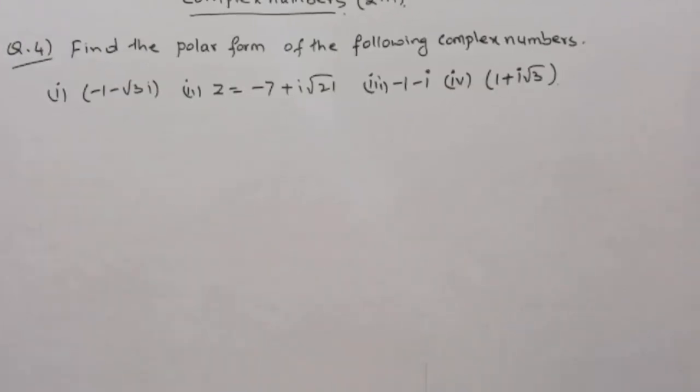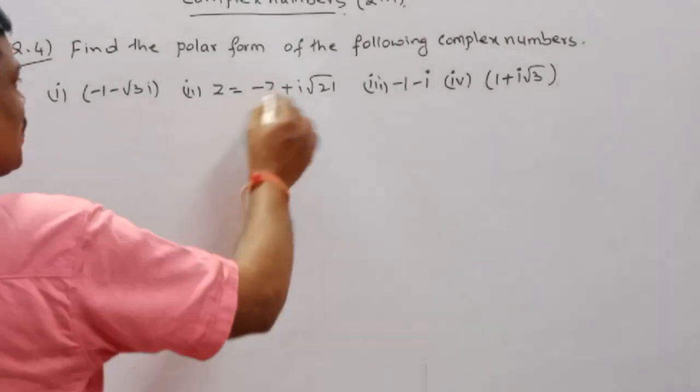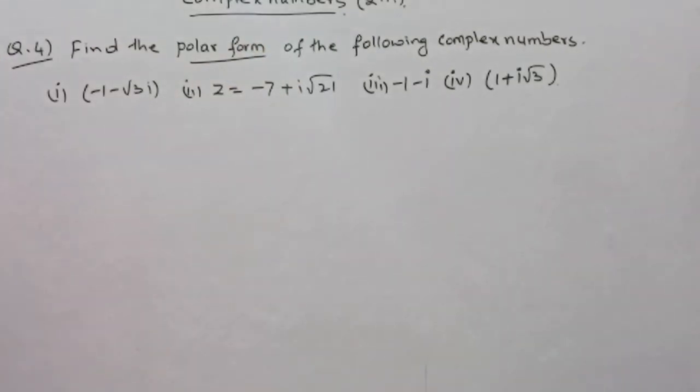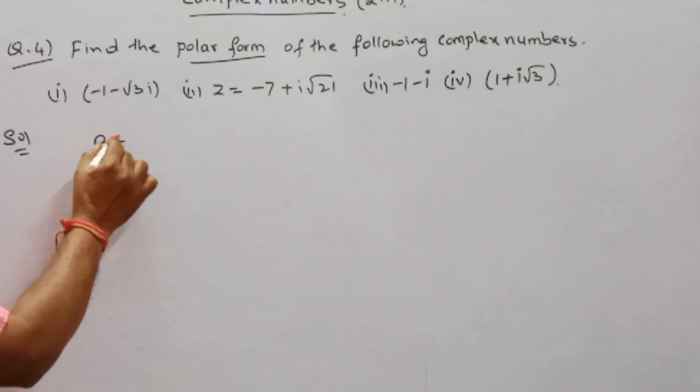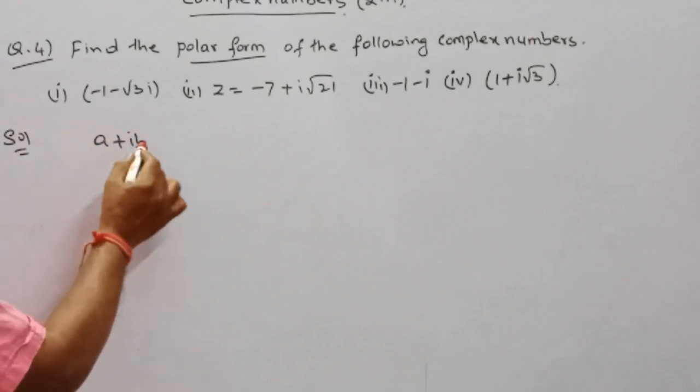Question number 4. Find the polar form of the following complex numbers. Suppose a plus ib is the complex number.